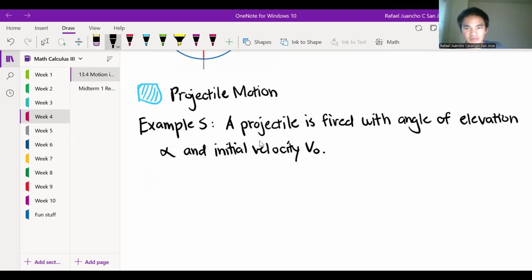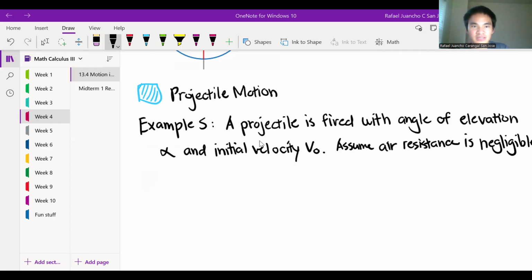Here we assume that air resistance is negligible. What does that mean? It means it doesn't exist, right? It's insignificant, so it's not important.